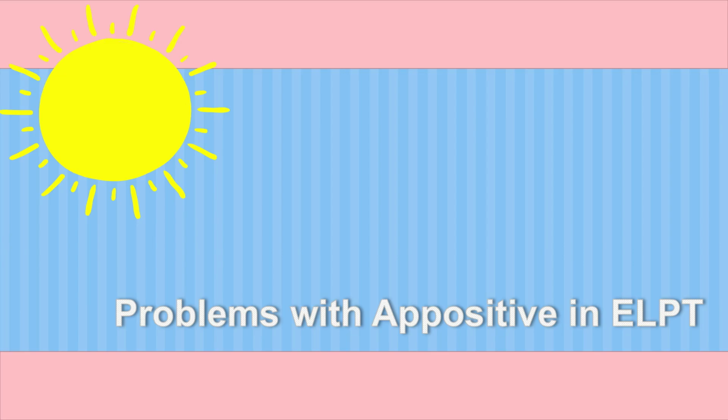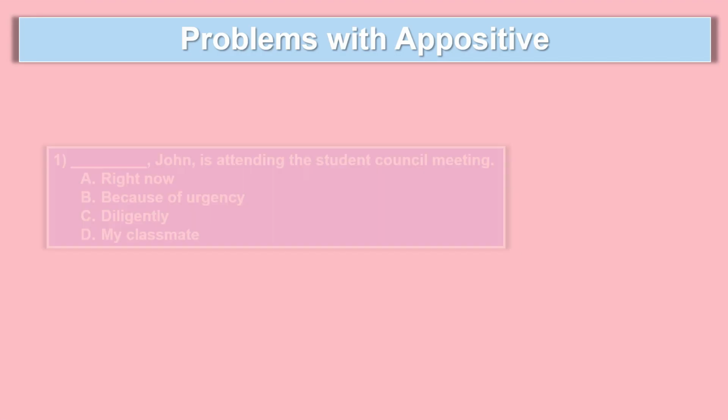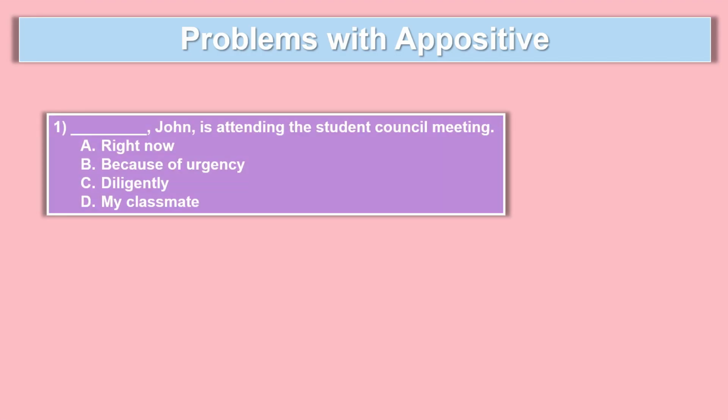Now, problems with the appositive in ELPD. The appositive commonly occurs as a question in ELPD. Look, we have this question: John is attending the student council meeting, and the answers are right now, because of urgency, diligently, and my classmate.